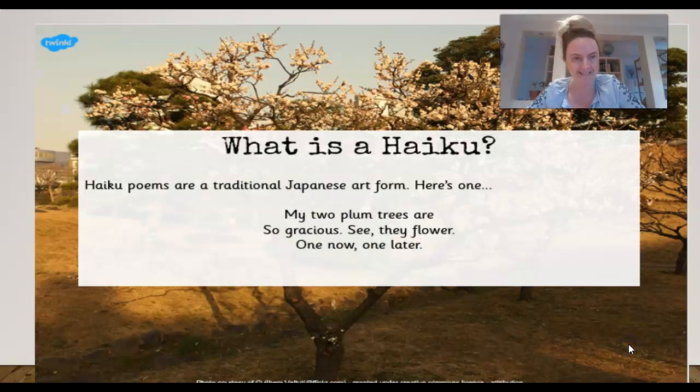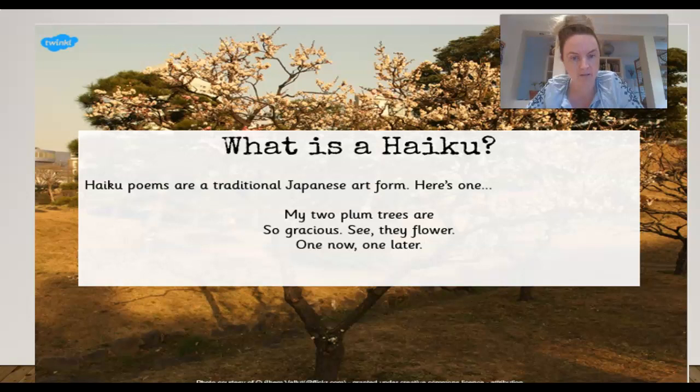So what is a haiku? So haiku poems are a traditional Japanese art form. Here's one. My two plum trees are so gracious. See, they flower.